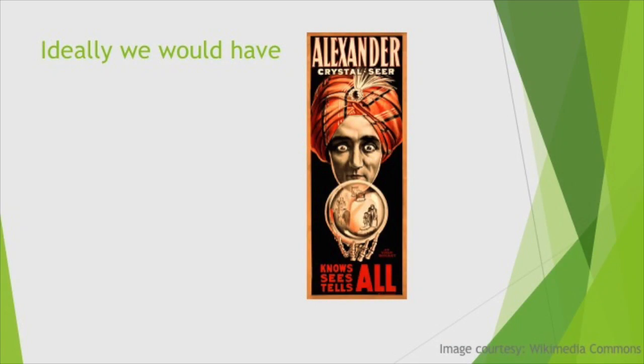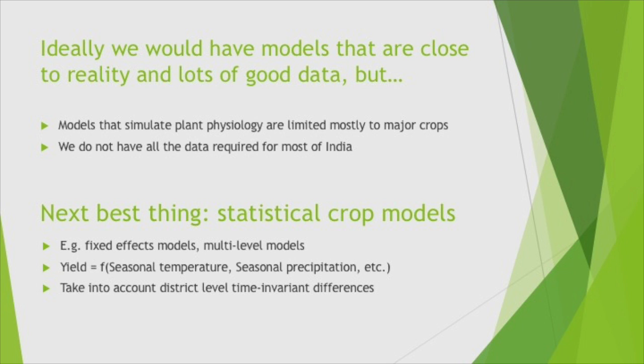And so ideally, we would have a crystal ball, but given that we don't have that, ideally we would have models that simulate how plants function in response to soils, to farming practices, to daily or sub-daily environment.